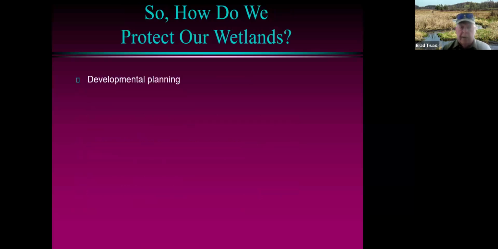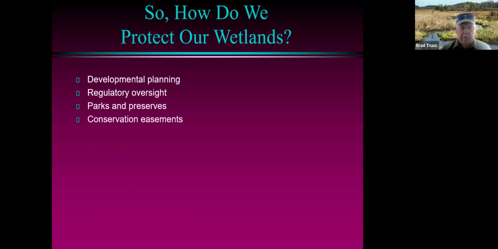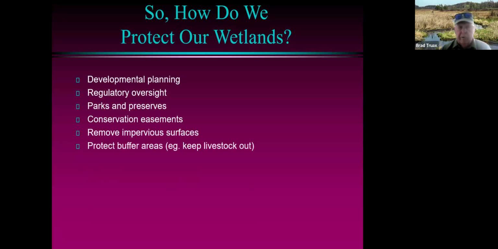So what can we do to protect our wetlands? Well, developmental planning is important, and regulatory oversight is really critical. And unfortunately, that's probably being eroded. We have parks and preserves. We have conservation easements that protect the wetlands. We need to protect their buffer areas.